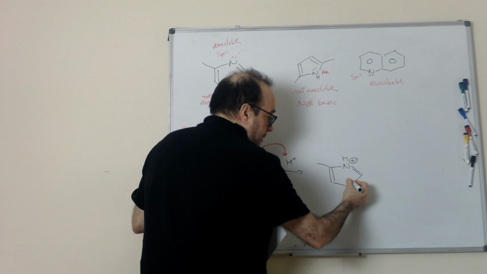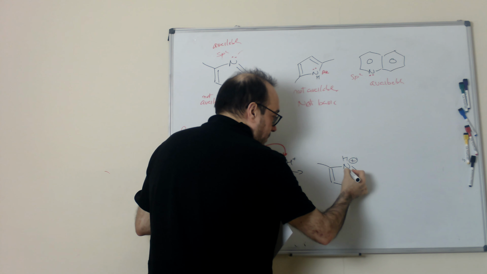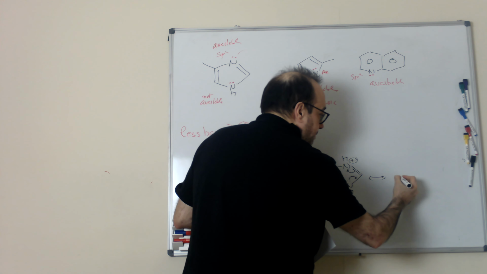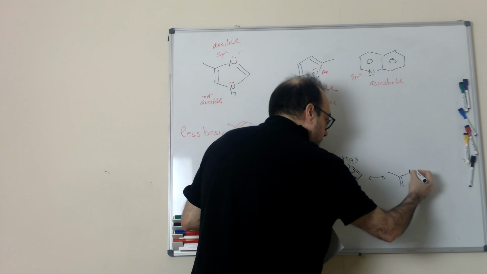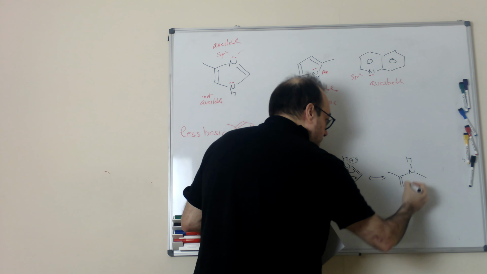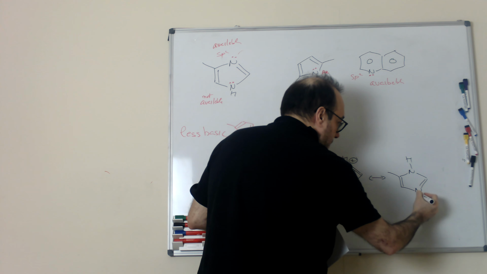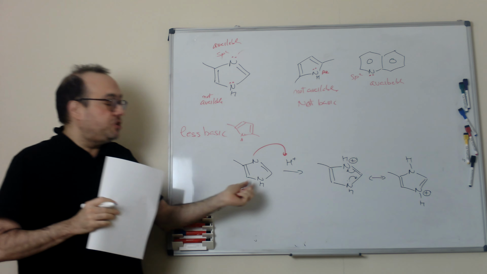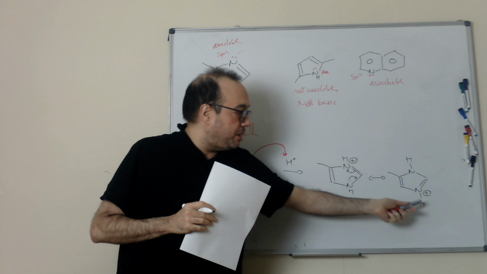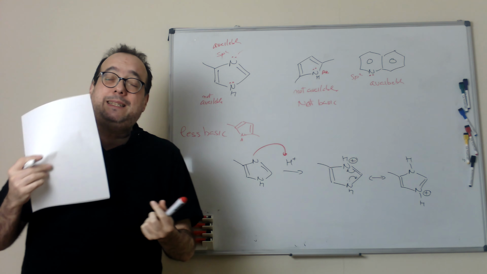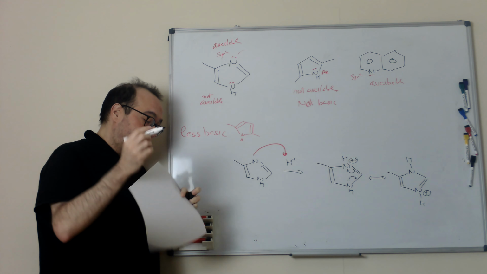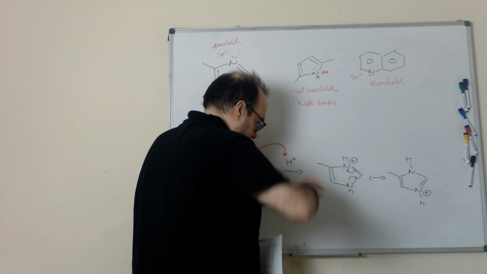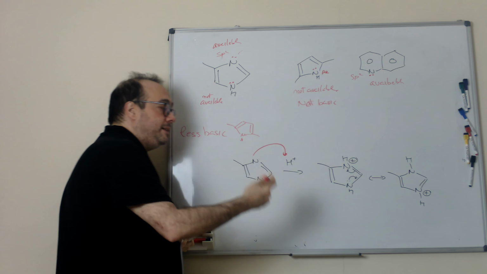I can put this pair of electrons here, and this pair of electrons can go to the nitrogen. That means that when I protonate the imidazole, I have two resonance forms that stabilize the positive charge. That increases the basicity because the conjugate acid is more stable.